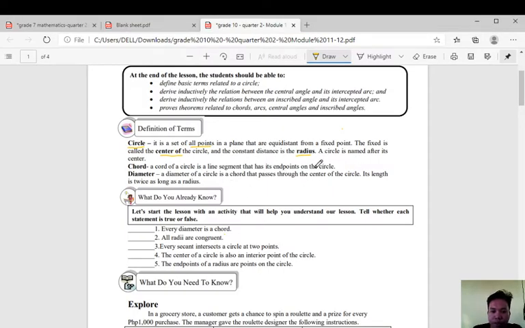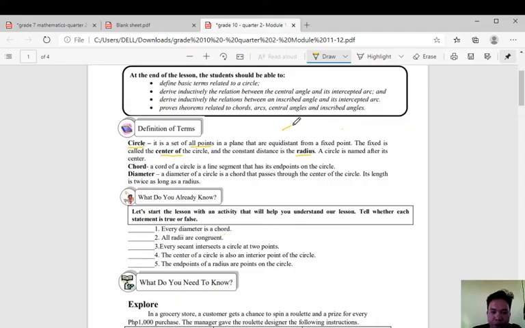Right? A circle is named after its center. So in analytic geometry, for example, you have a center, which is the fixed point, and you have a straight line, which is a radius.